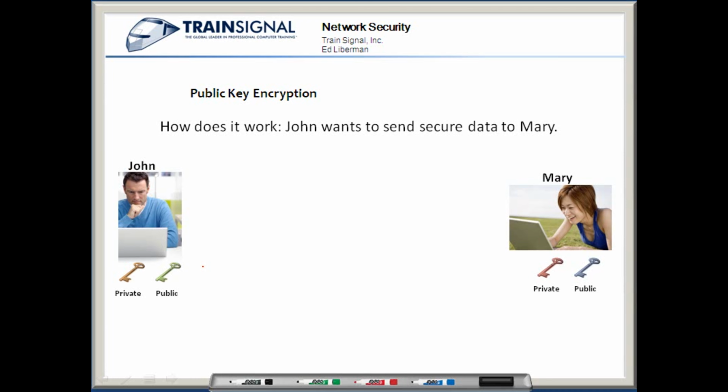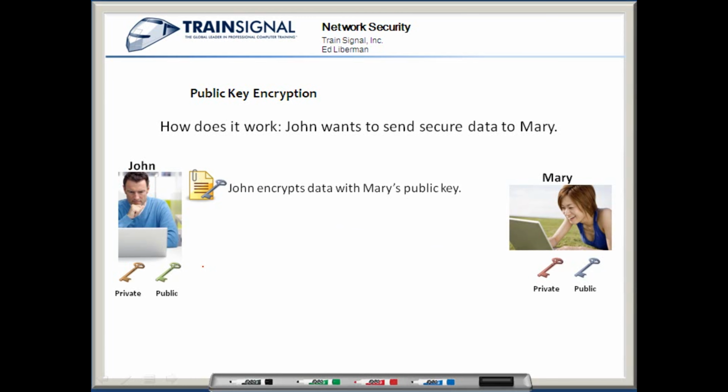Here we have an example of a couple users, John and Mary. John wants to send secure data to Mary. Alright, if John wants to send data securely, then what John is going to do is encrypt the data with Mary's public key. So John is going to take Mary's public key. Does John have access to Mary's public key?